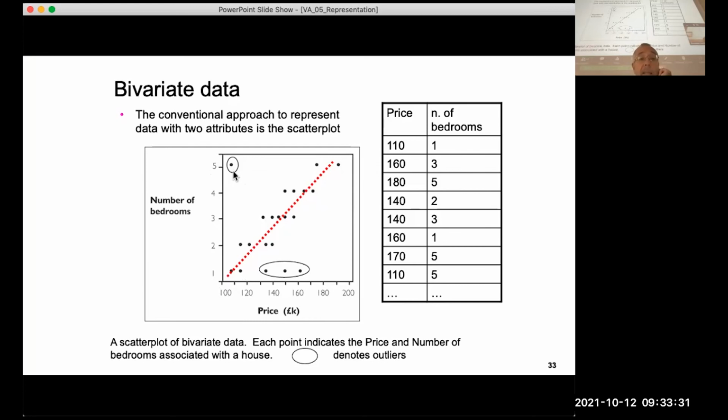In any case, it is an outlier. Here instead we have very expensive houses that still have only one single bedroom. However, the data is somehow in this way. You can perceive the trend, the correlation. This is a positive correlation.